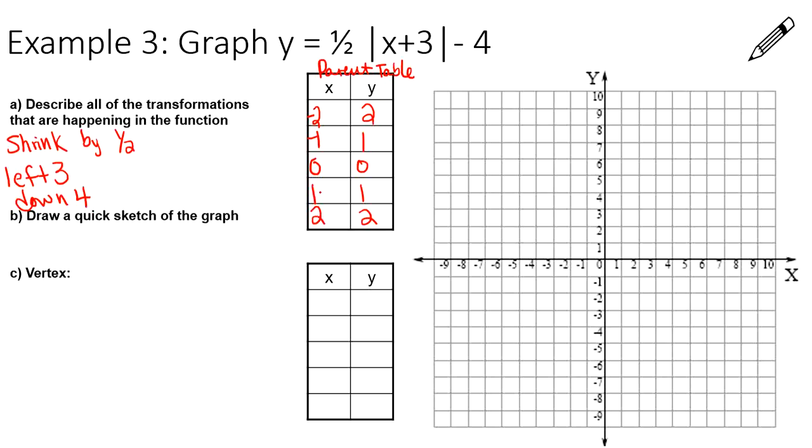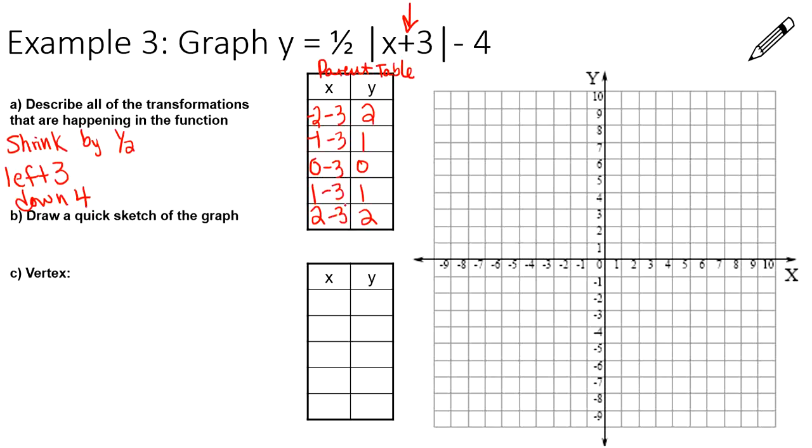Okay, so now we are going to use the transformations that we described, and we're going to perform them on the parent table. So what is happening to the x value? The only thing that happens to the x value is what's on the inside of the absolute value, which is that plus 3, which is the opposite. We want a -3 because we're moving left.